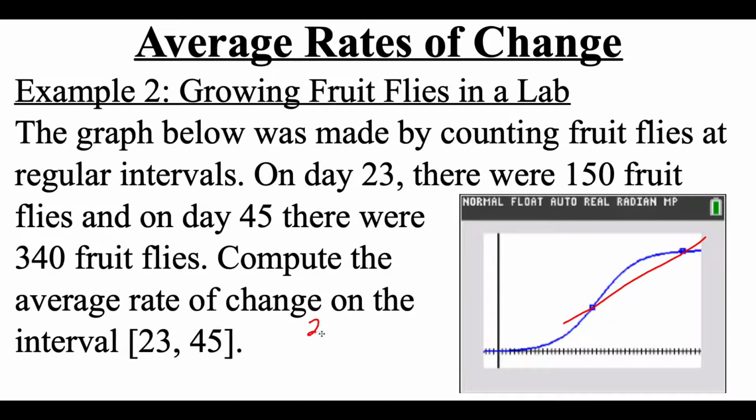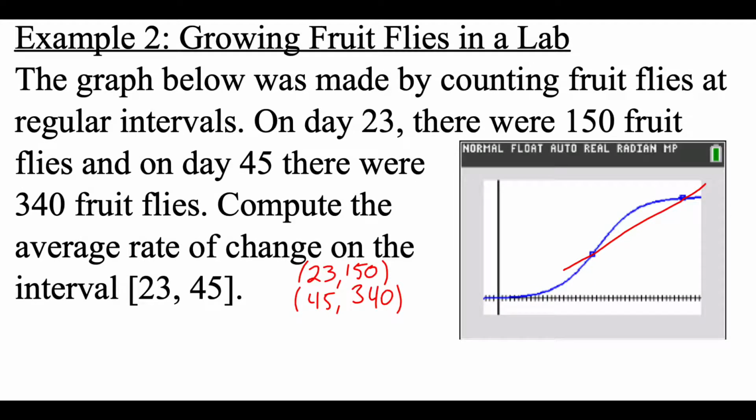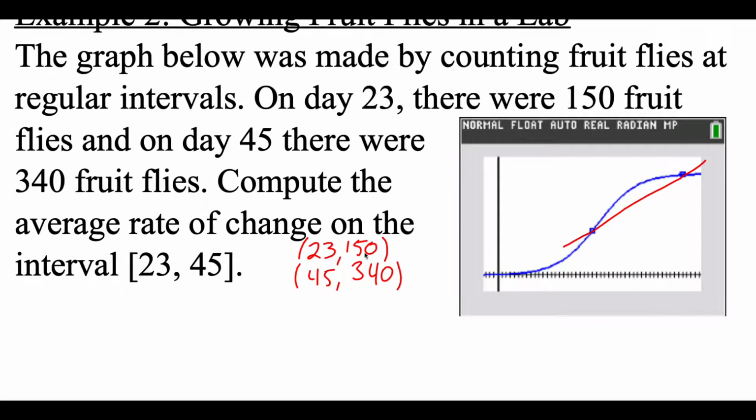So on the 23rd day, there were 150 fruit flies, and on the 45th day, there were 340 fruit flies. So we want to find the slope of the line connecting those 2 points.